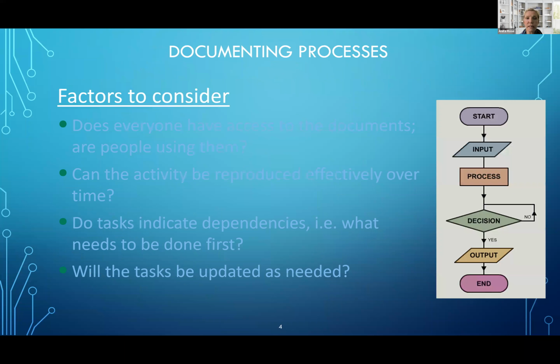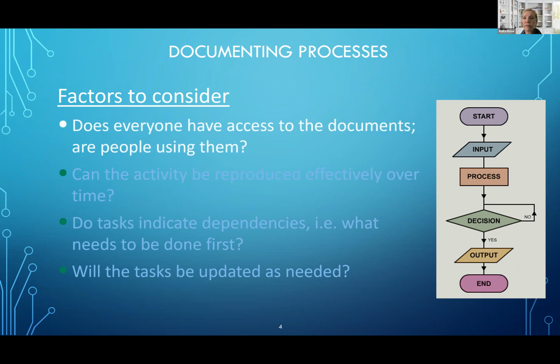So let's move on to factors to consider as we're documenting our process. So one is, we want to know that everyone has access to the documents, of course, right? And for anyone that's using them, they need the access to them. Now, I know sometimes entrepreneurs are reluctant to share their process and even document their process in fear that the secrets will be stolen.